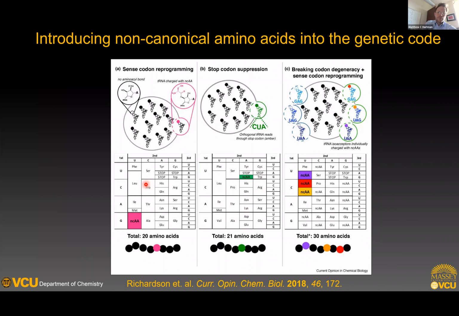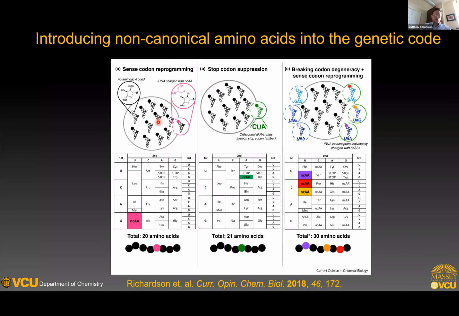So how do we get novel amino acids, additional amino acids, into the code? Well, one way is to use sense codon reprogramming. And this actually doesn't expand the code at all, but it replaces one amino acid with another. For example, you can potentially replace the valine amino acid with something that's a valine analog.